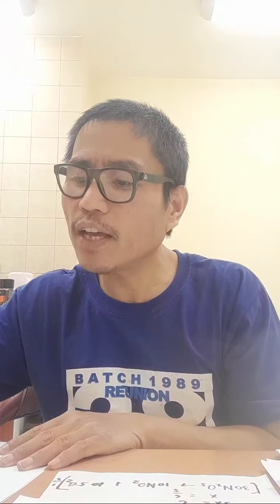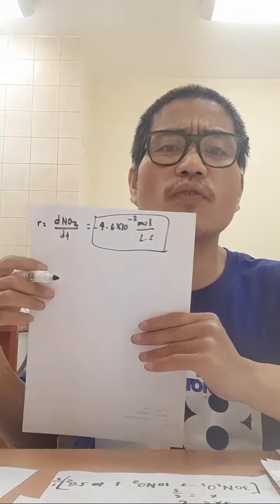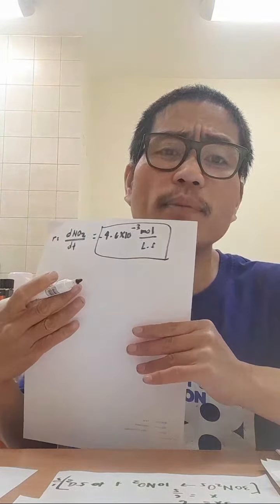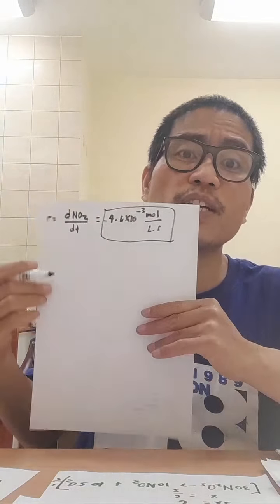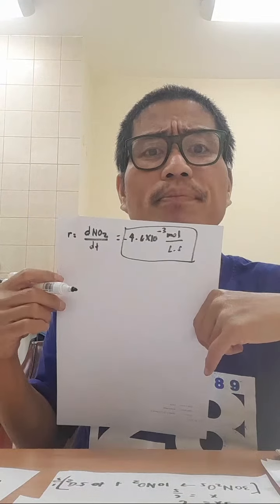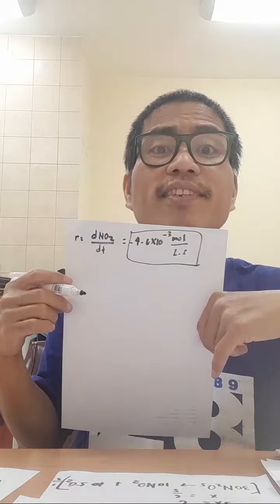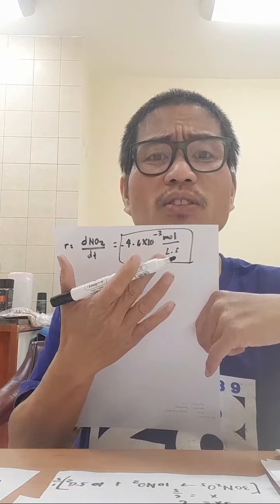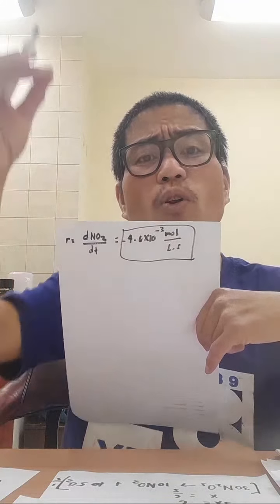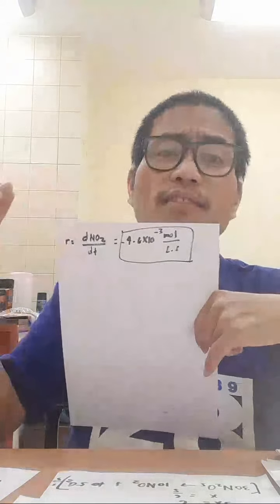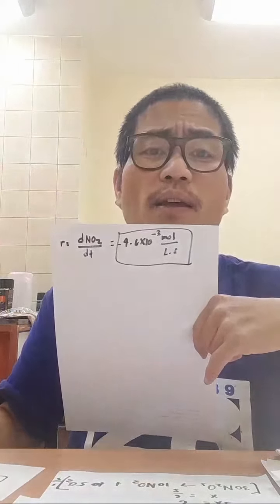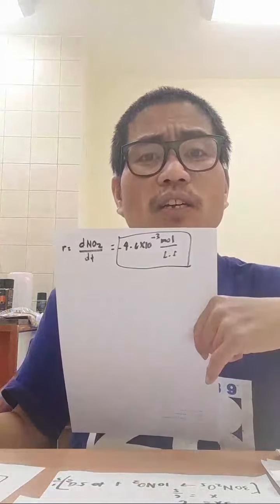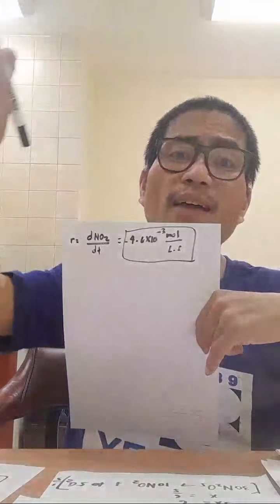Now, the unit moles per liter per second is not very common, because in chemical reaction kinetics, the rate is usually expressed in molar, capital M, per second. But it's just the same, because molar is equal to moles per liter. In examination problems it's usually expressed in capital M over second.